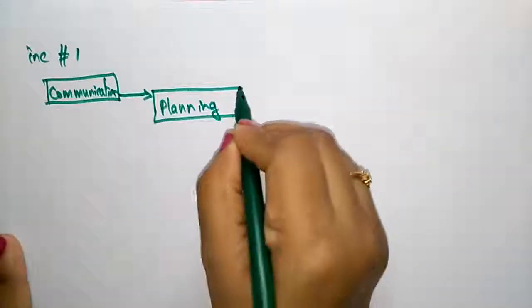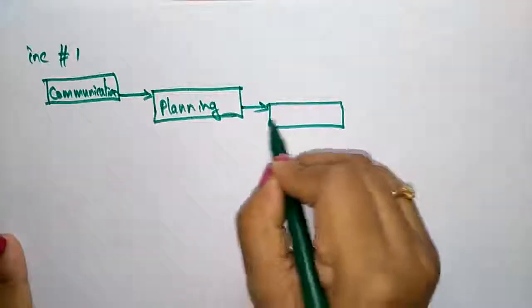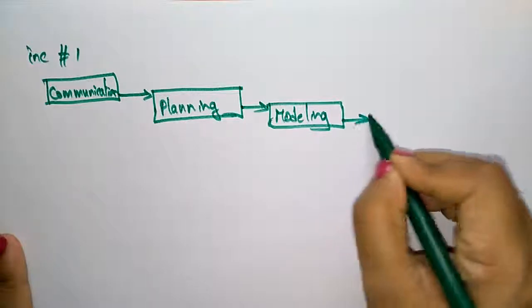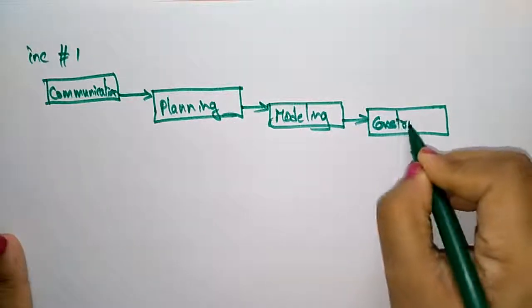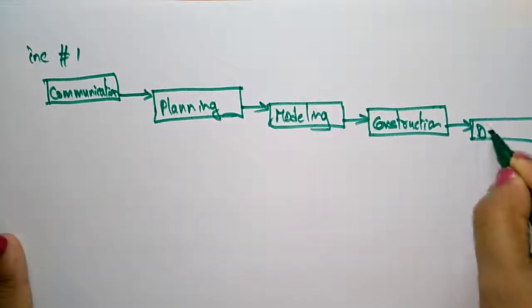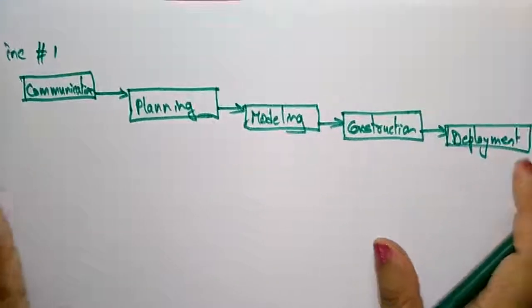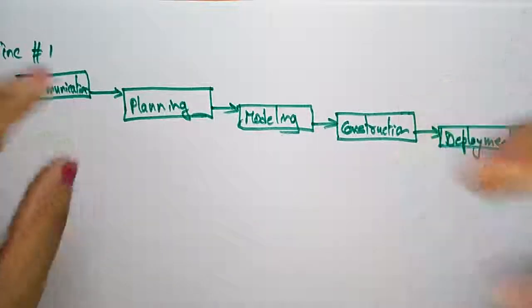The next stage is modeling. After modeling, they construct the product, which means the implementation. Then the final deployment. Once one module is completed, one iteration is completed, they deliver the product. So this is one independent process.